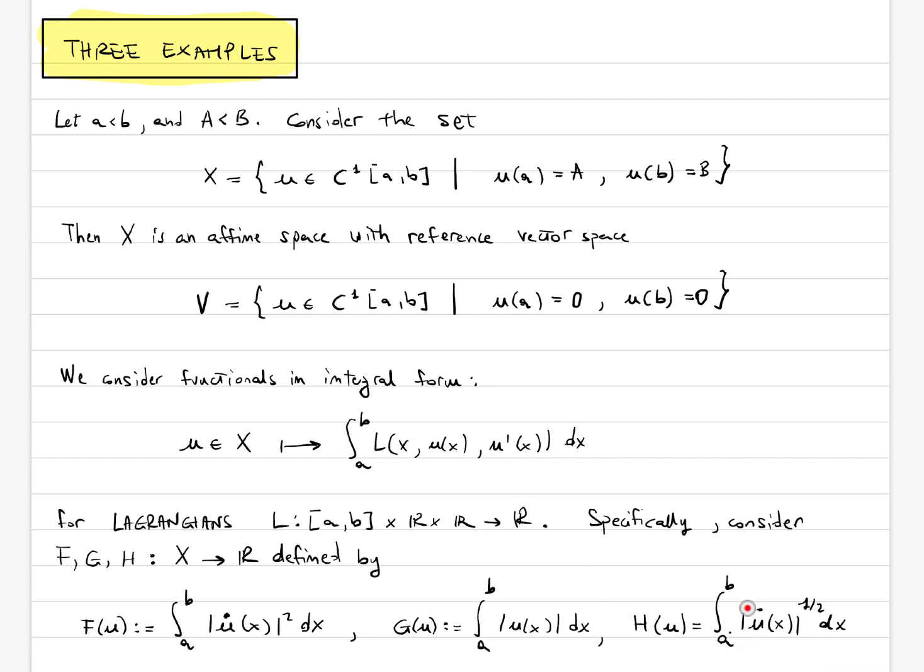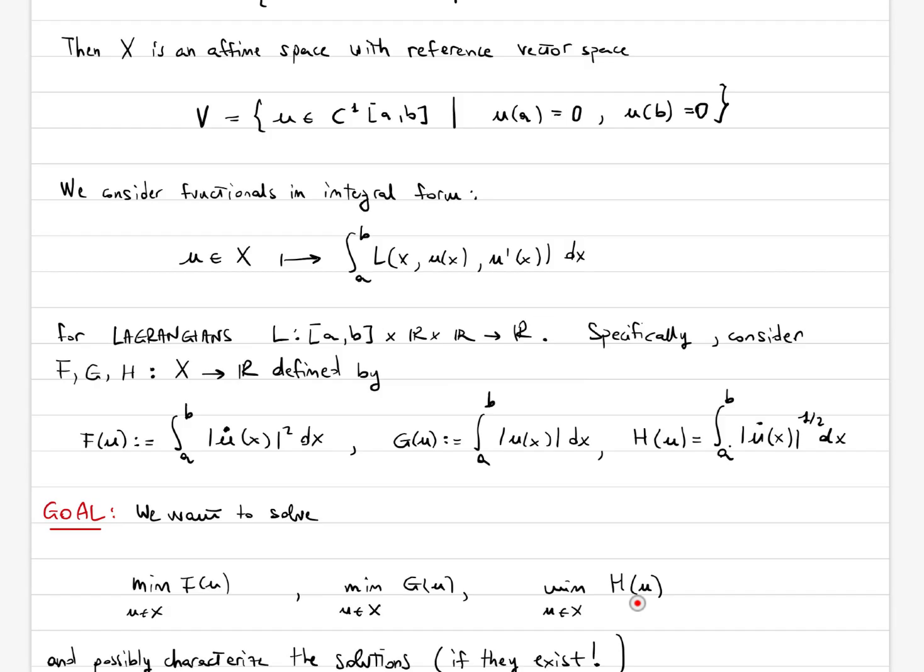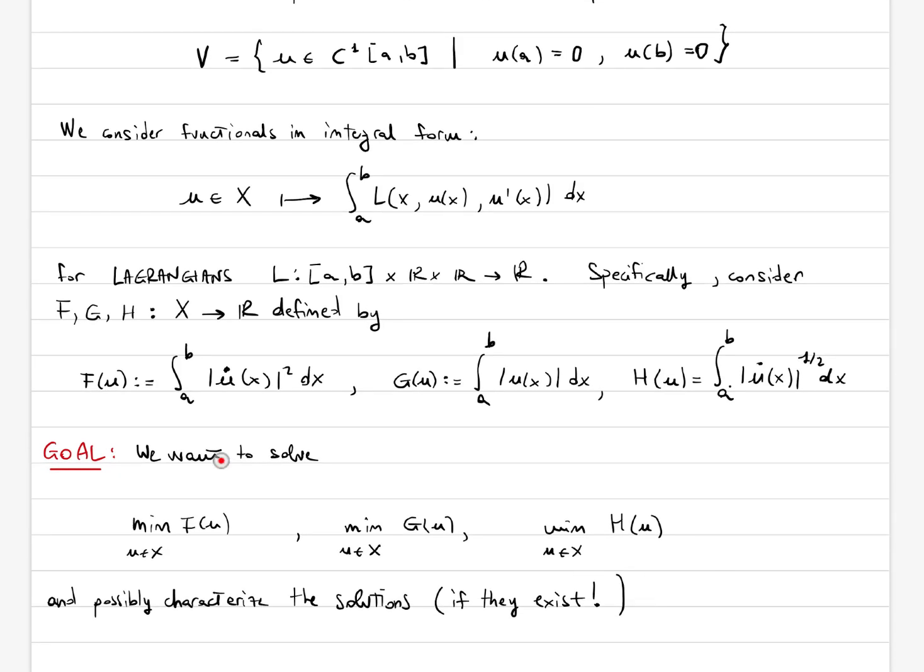So the power changes, and we will see that this actually changes drastically the behavior of solutions to the corresponding minimization problems. As I was saying, the goal is to solve the minimization problems for these three functionals defined over the set X, and possibly find the solutions if they exist.